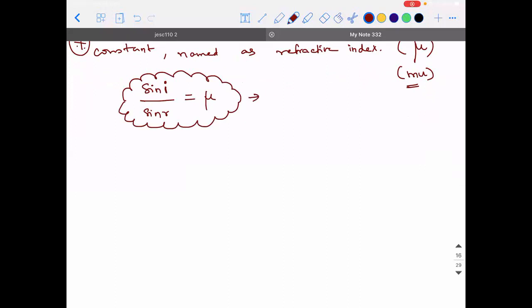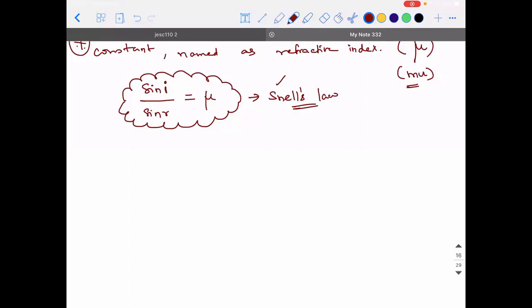And this is called Snell's law. Snell is the name of a scientist. Am I clear? Shall I proceed?